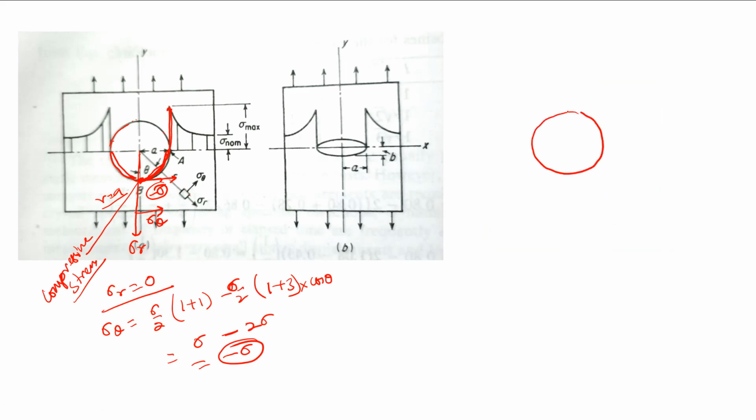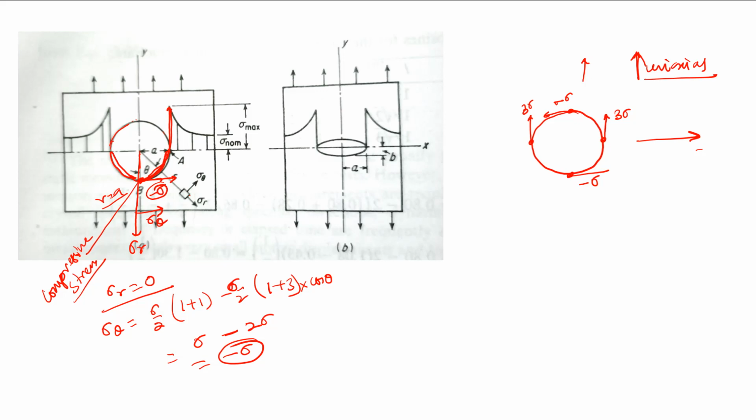During the uniaxial case, we have understood that here it is 3 sigma stress, and then here minus sigma. Similarly at this point, here it will be minus sigma. Now this is in one direction. Now suppose in the next case someone applies the stress in this direction.